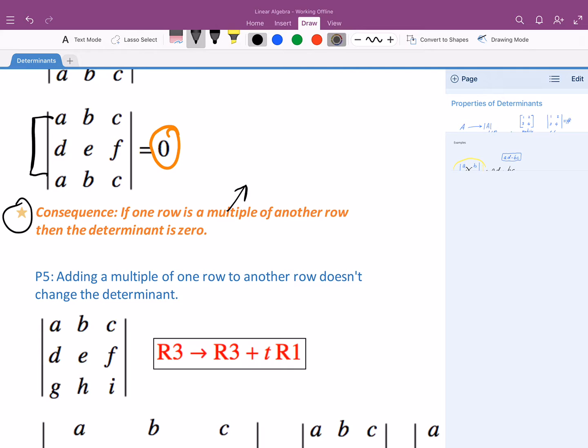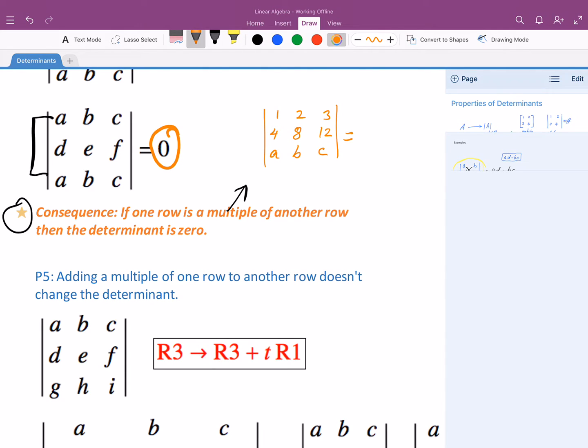If I had 1, 2, 3, 4, 8, 12, and whatever this is, it doesn't really matter. And I'm doing determinants here, so I have to be careful: not square brackets, but vertical lines. Now you can see that the second row is a multiple of the first row. It's 4 times the first row.